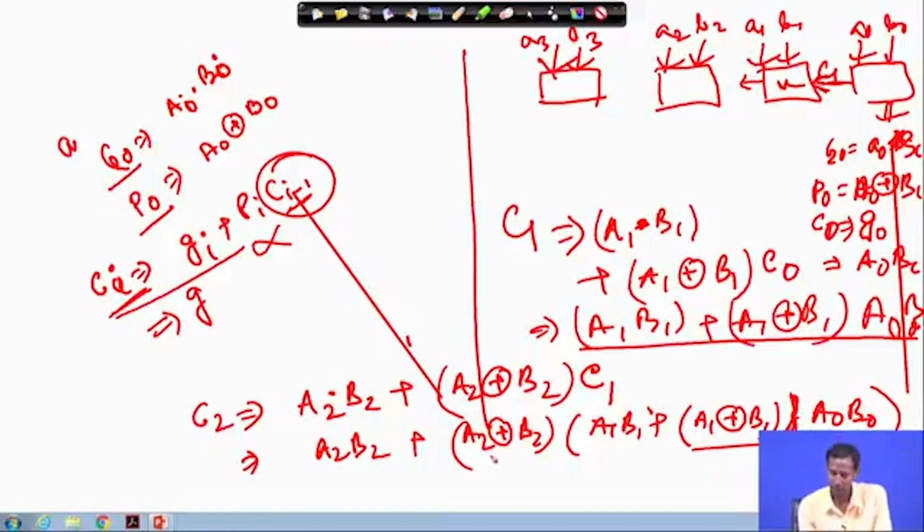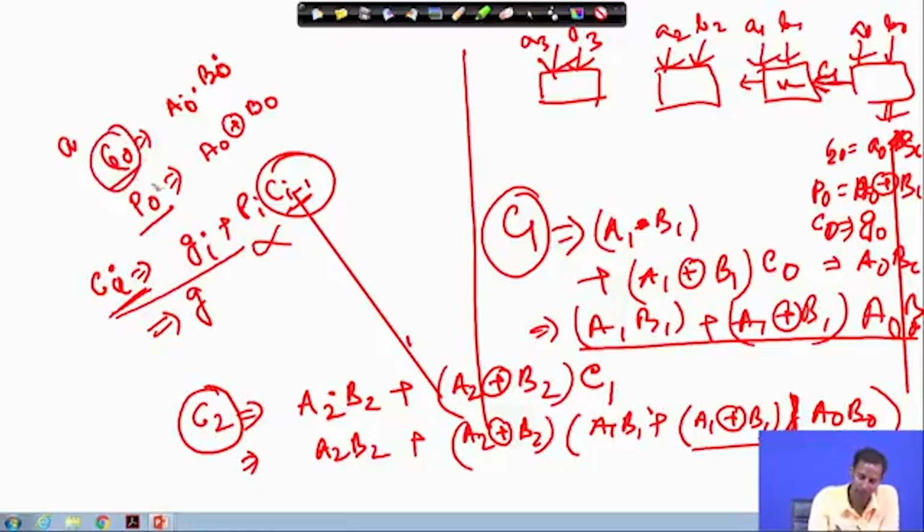So here I have generated C2 and C1 from the very beginning. How? By generating the G0 and P0 terms in each case.